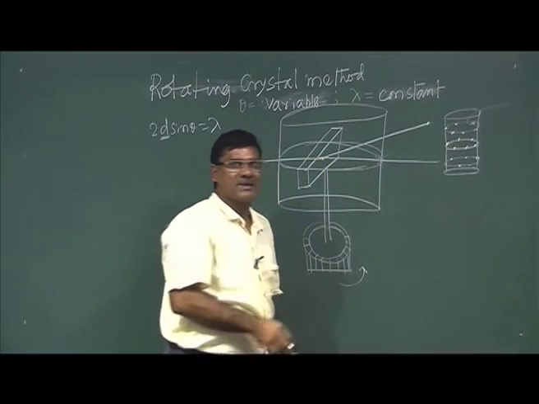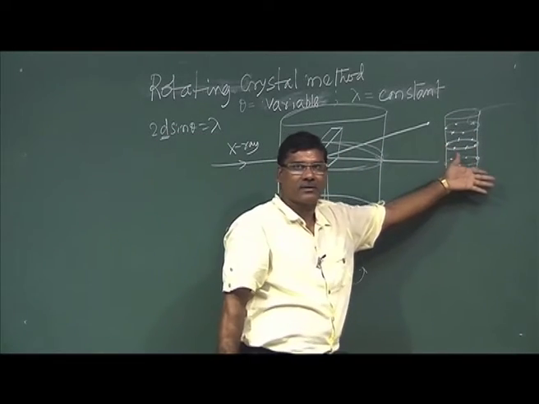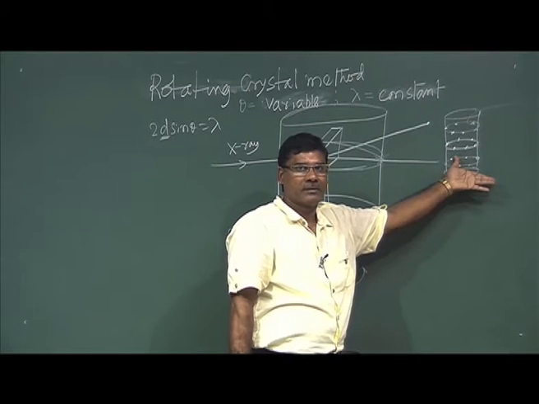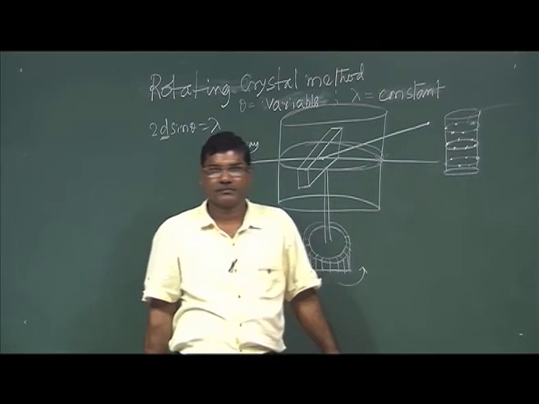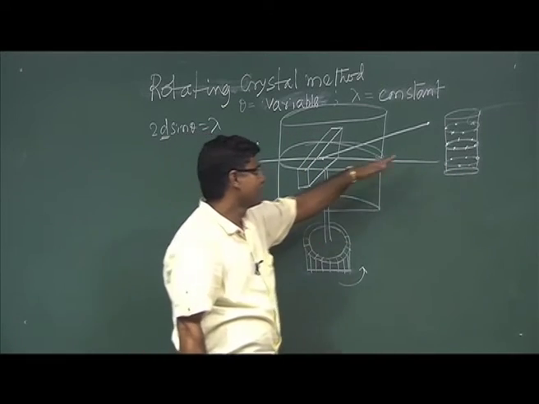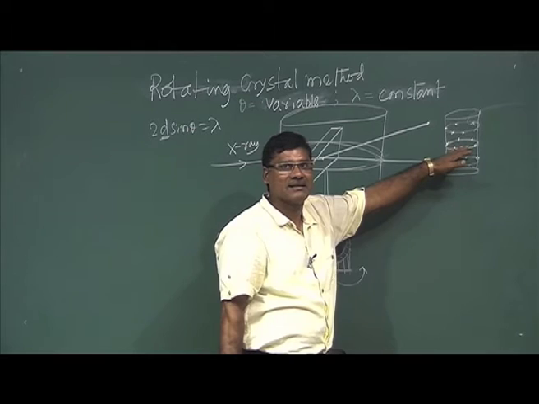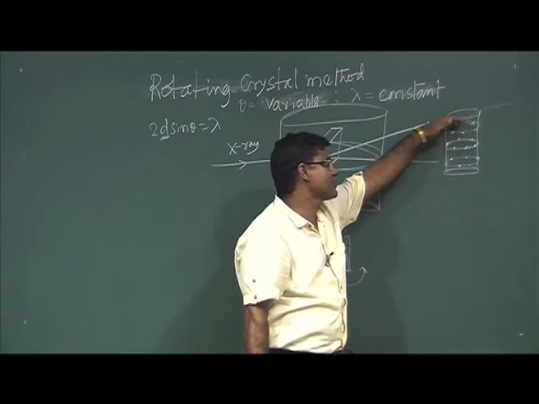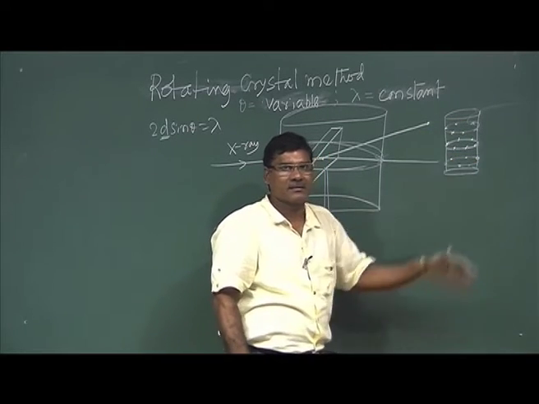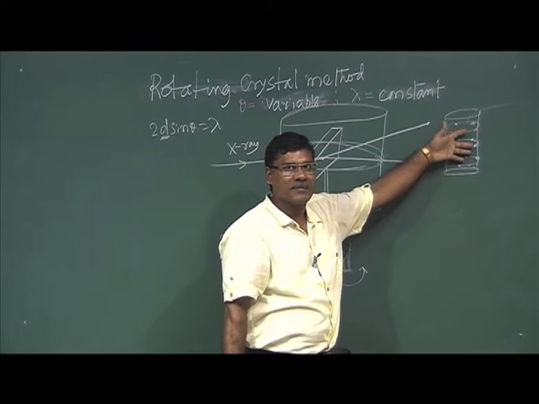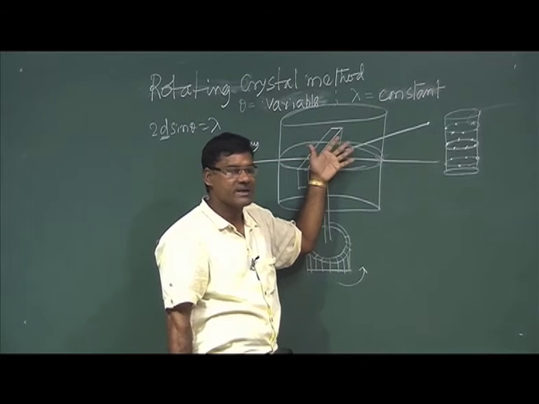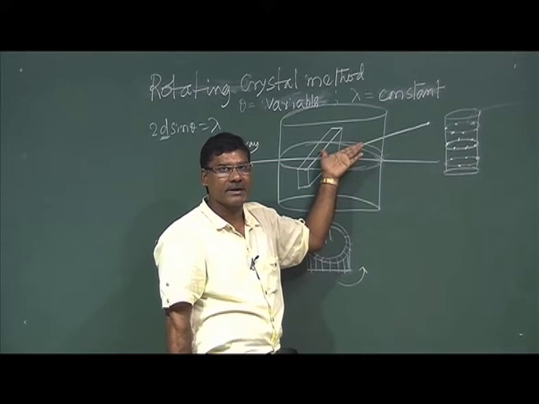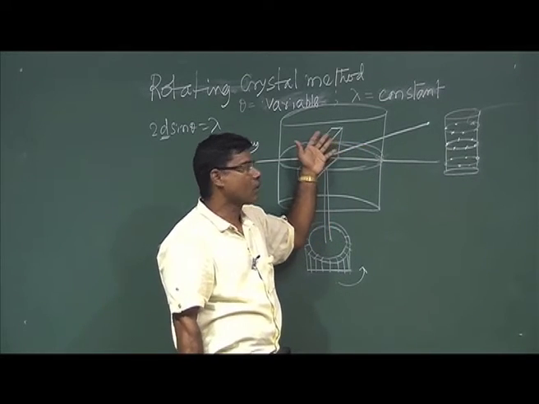So from this method we will get this type of diffraction pattern, which will tell you immediately about the planes in different zones, and it is representing the crystal planes in the way they are oriented, and they are following some symmetry.